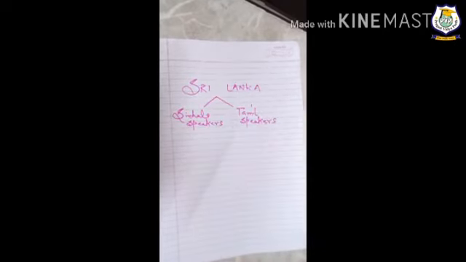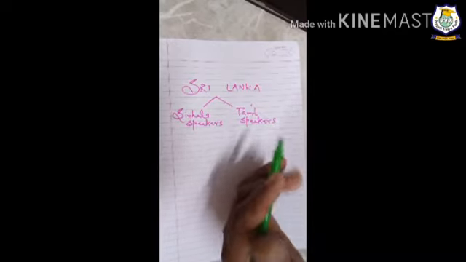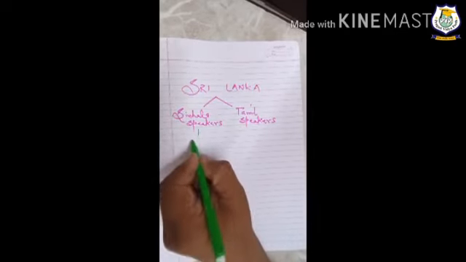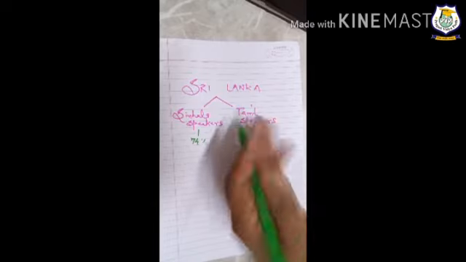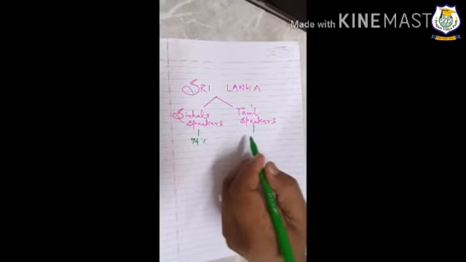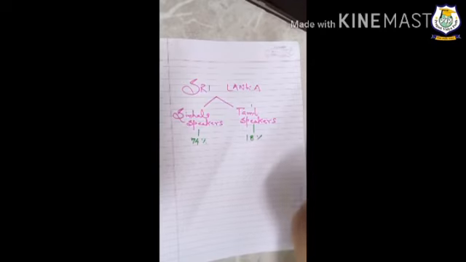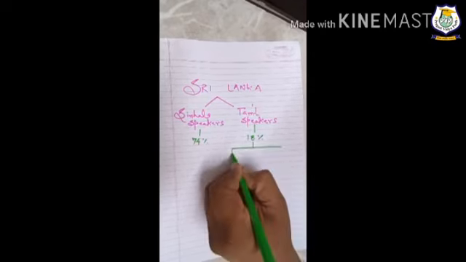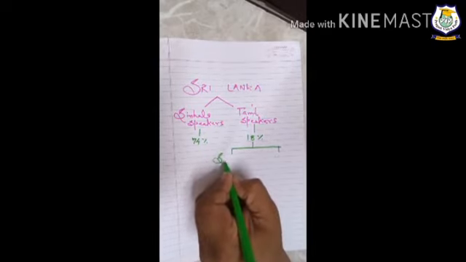The population of this country is about 2 crore, which is similar to our state Haryana. Sinhala speakers comprise 74% of the population, and Tamil speakers are 18% of the population. And this 18% can be further bifurcated into two parts, that is Sri Lankan Tamils and Indian Tamils.